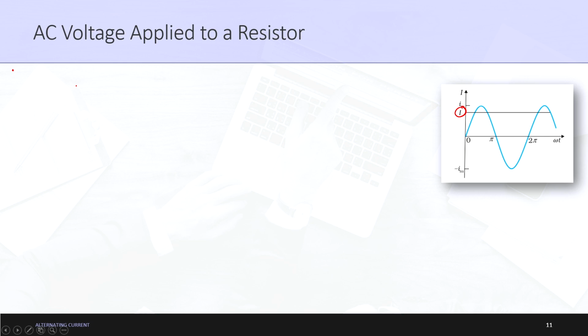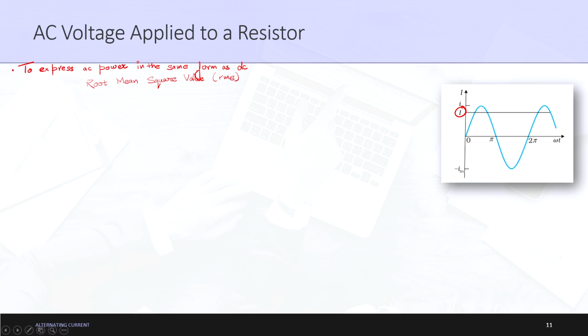To express AC power in the same form as DC power, we use a special value which is called root mean square, or in short RMS.